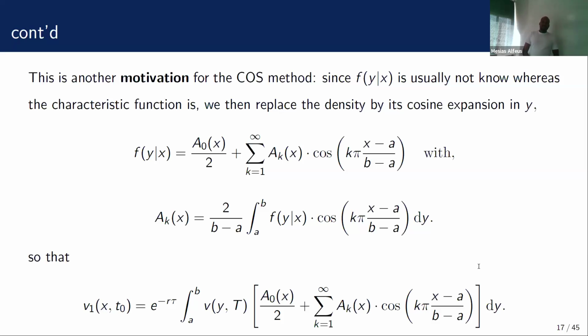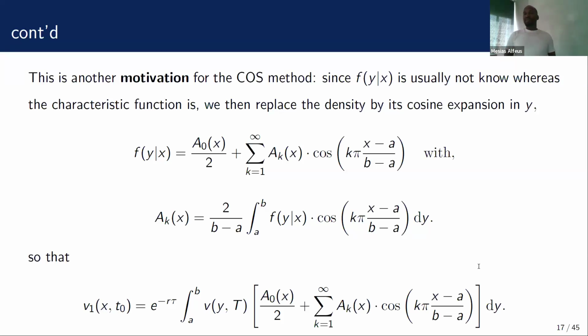And now, this is another motivation of the COS method: if you know the characteristic function, you know that now we have this f, which is the density for the evolution of this stock price or asset price.